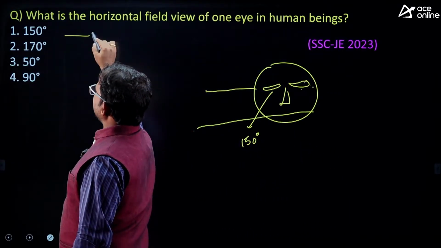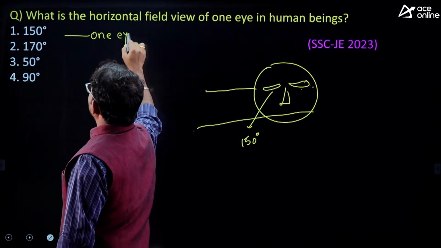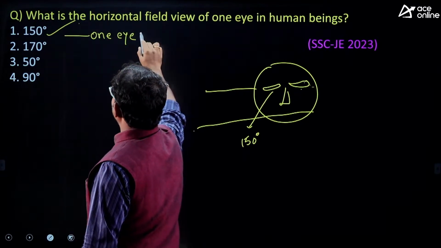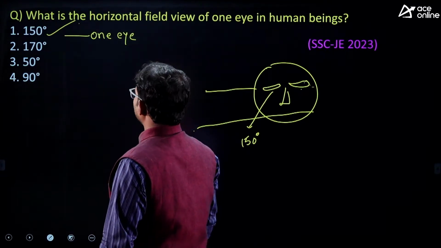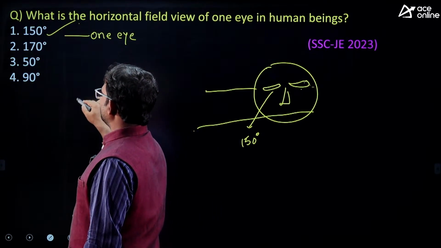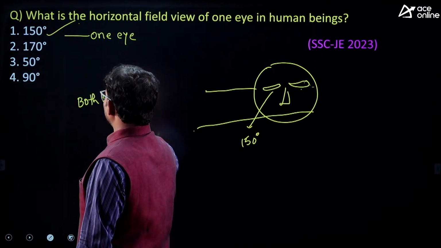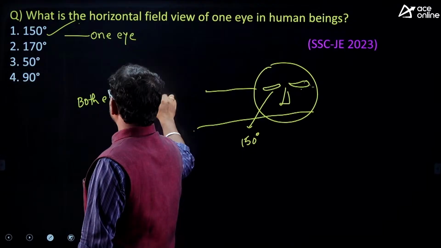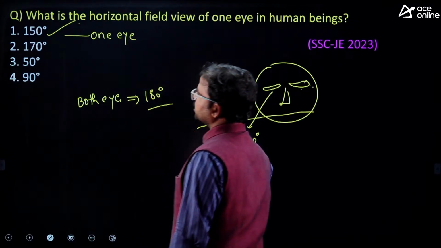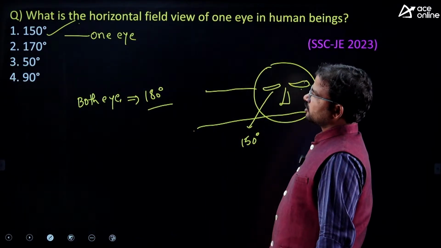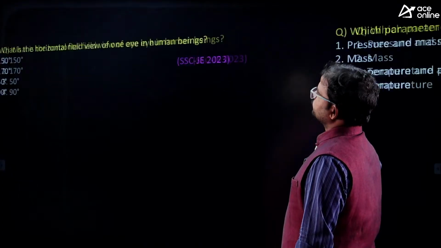So for one eye we are getting 150 degrees of horizontal field of view. If you are using both eyes, mostly we are getting 180 degrees horizontal view. That's why here the correct one is option 1 only.